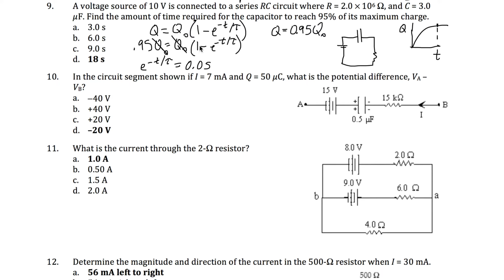I subtracted 0.95 and added the exponent to the other side. To get rid of this exponent, we have to take the natural log of both sides. The natural log gets rid of the exponent, and you're left with negative t over tau is equal to ln of 0.05.